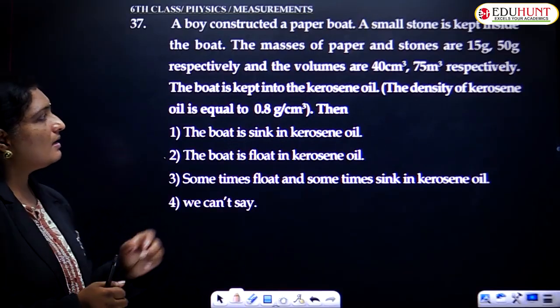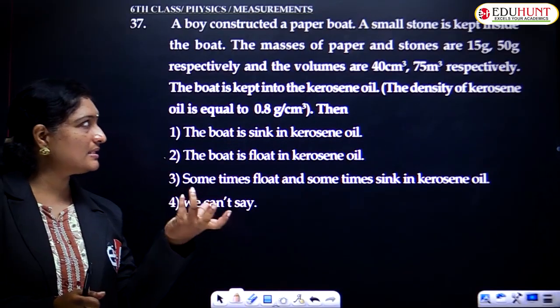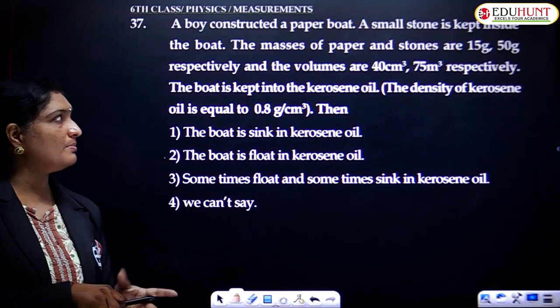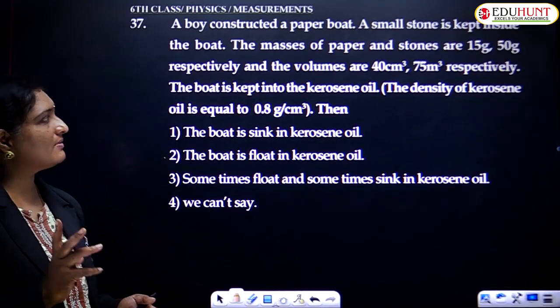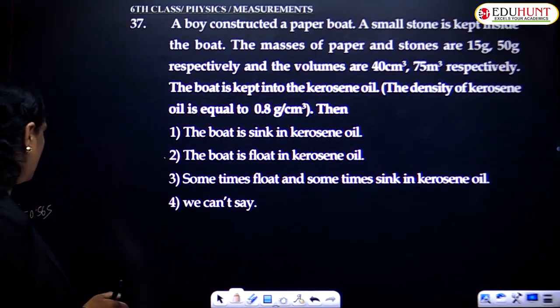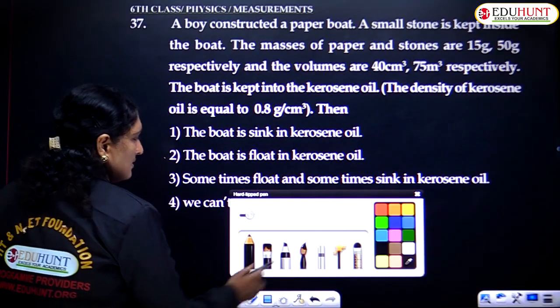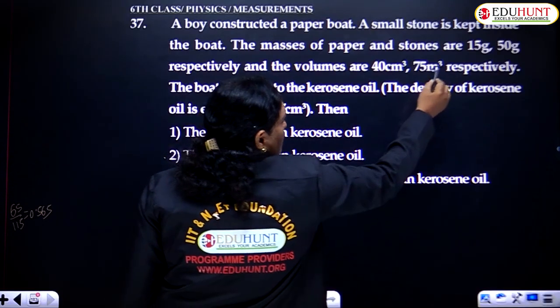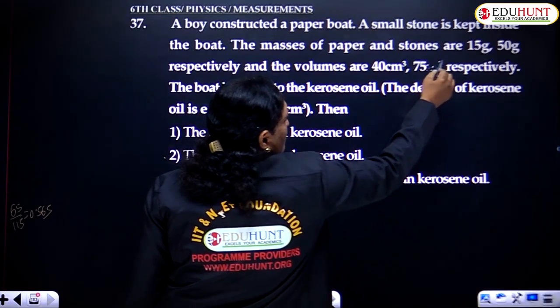And the volumes are, paper boat volume is 40 centimeter cube, whereas the stone volume is 75 meter cube. It can't be 75 meter cube, it should be centimeter cube. Make a correction, children, this is not meter cube, it should be centimeter cube.